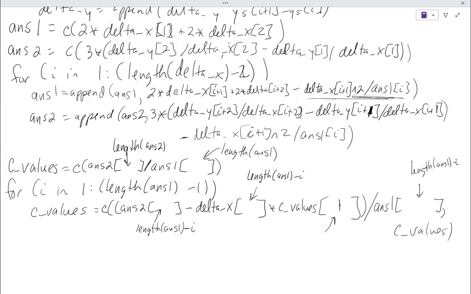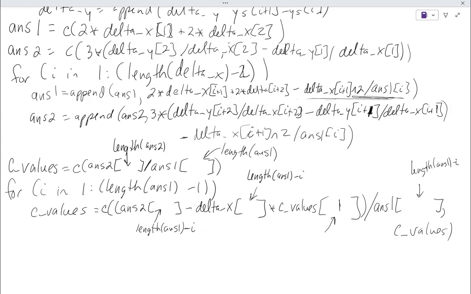Good. Okay. Right? So from the C's, the B's and the D's should be relatively straightforward to get.